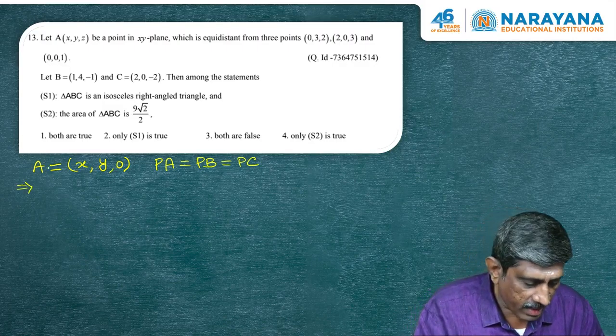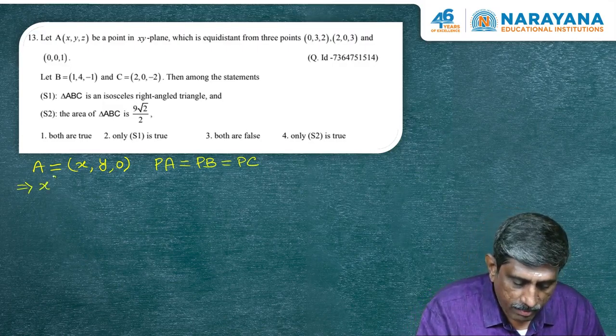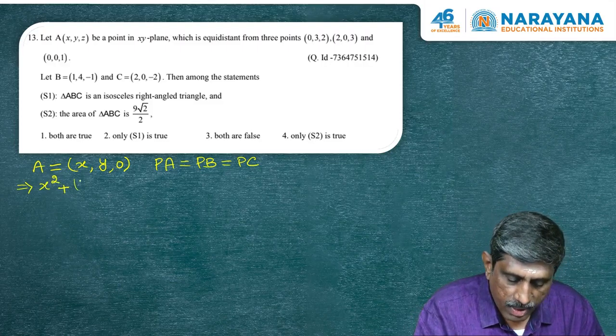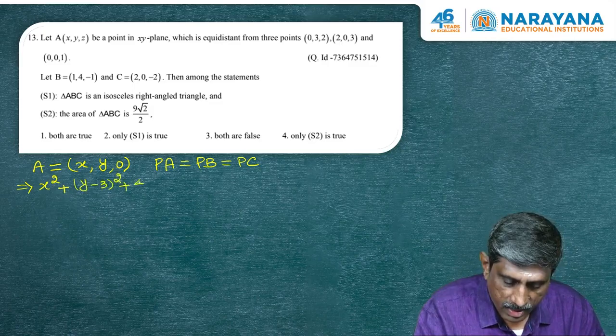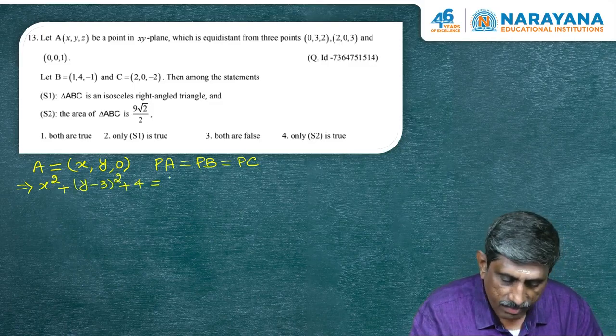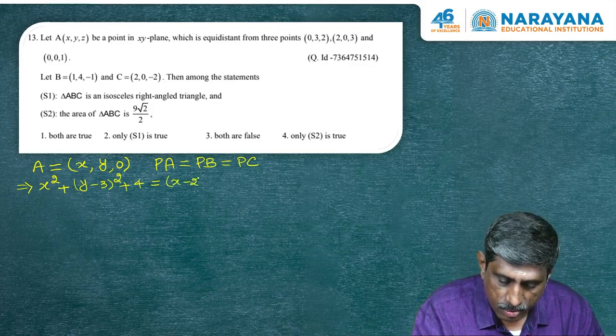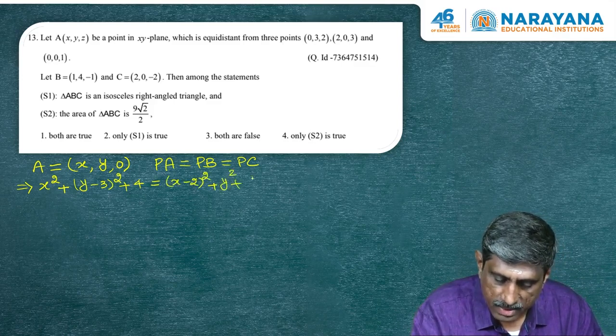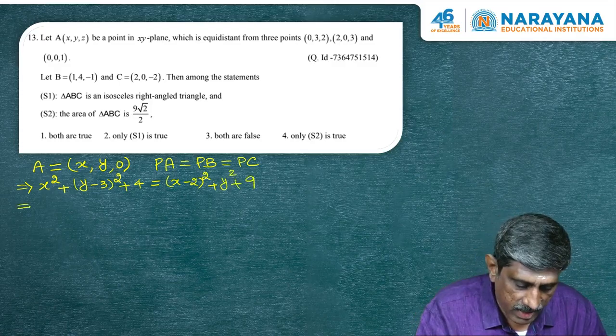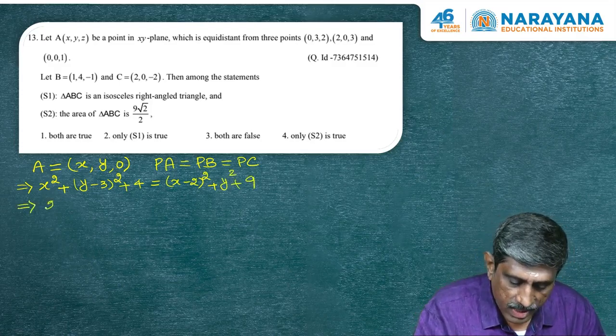When we take, it is x square plus y minus 3 the whole square plus 4 is equal to PB square, which is x minus 2 the whole square plus y square plus 9, and when we simplify, we are getting one equation which is 2x minus 3y is equal to 0.